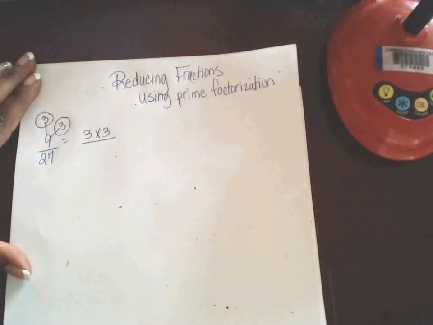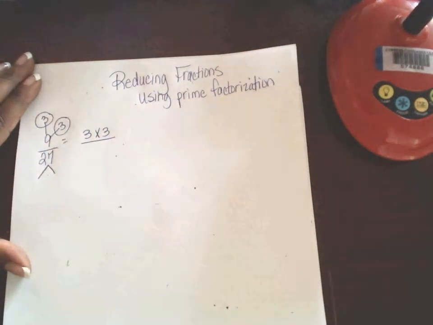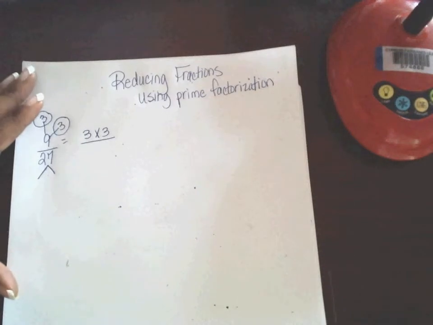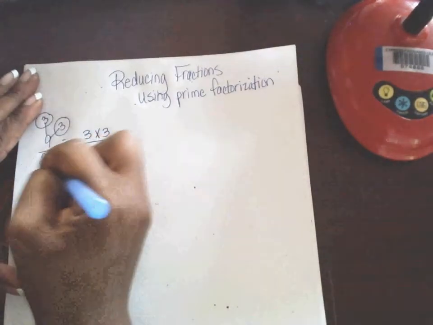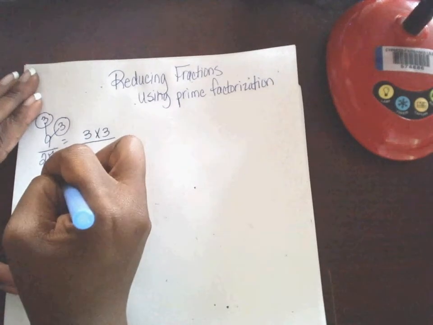Okay? Now with 27, someone raise your hand, please, and give me 2 factors you know of that equal 27. Anya: 9 times 3. 9 times 3. And we know 3 is a prime number, so we're going to do what?